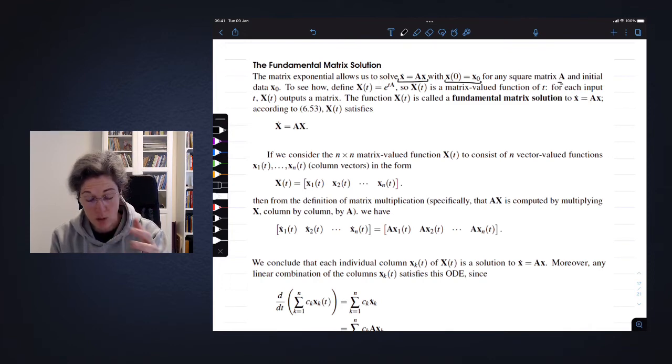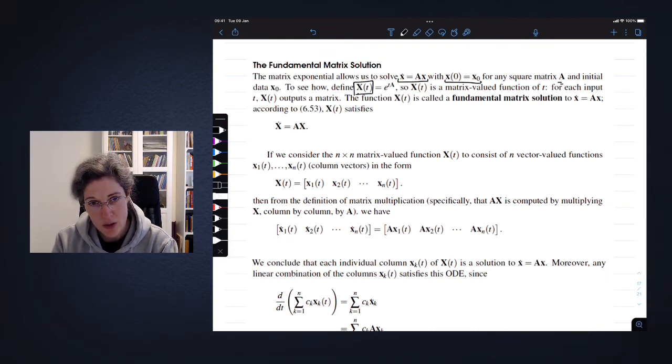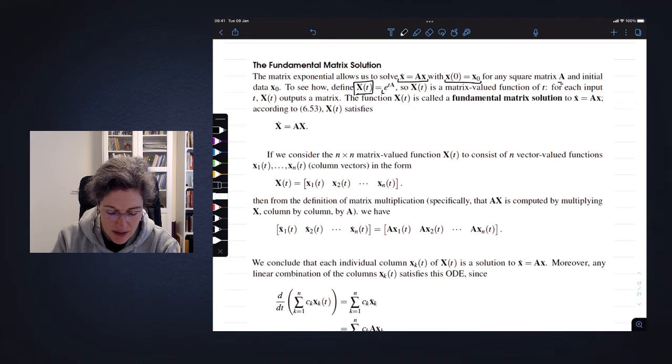So that's our goal. What we're going to do is define this big X, not to be confused with our Laplace transform. That was a scalar big X, this is a matrix big X, and it's defined as the matrix exponential e to the ta. So it's a matrix.